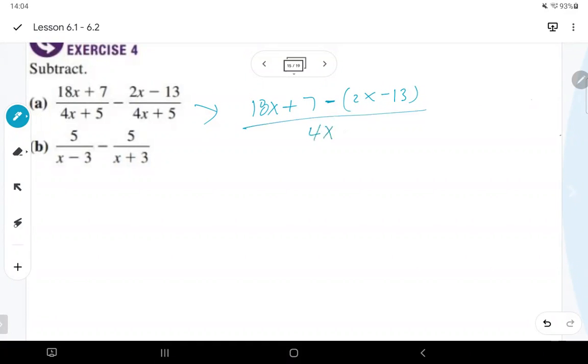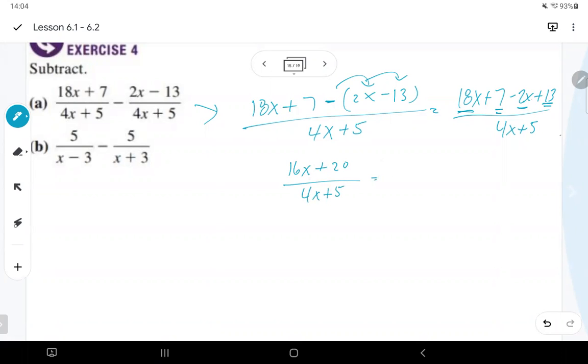You only have to write the denominator once because it's already common. So we'll distribute this negative, and we're going to end up with 18x plus 7 minus 2x plus 13. 18x minus 2x and then 7 plus 13. That'll give us 16x plus 20.